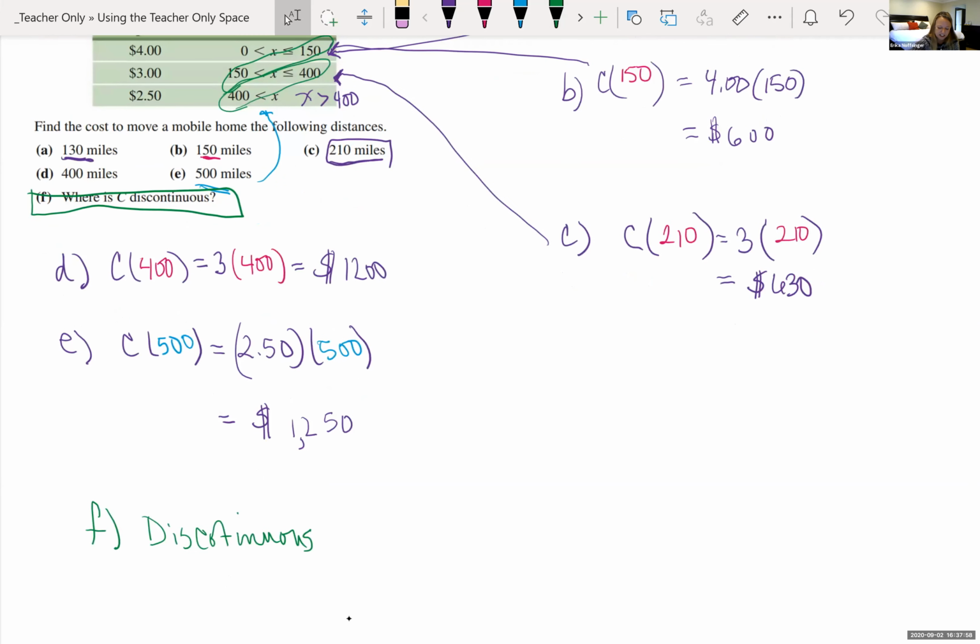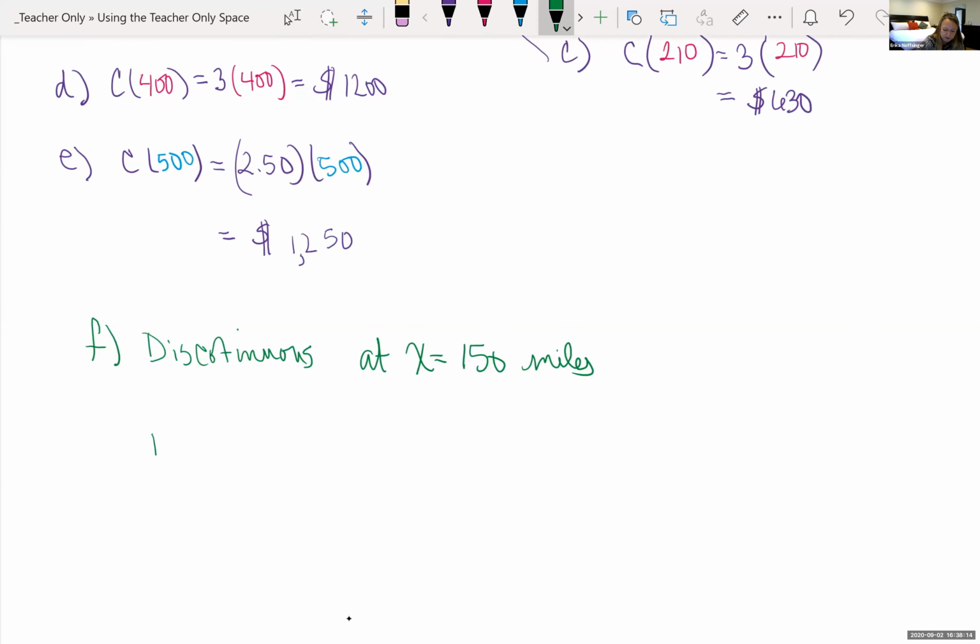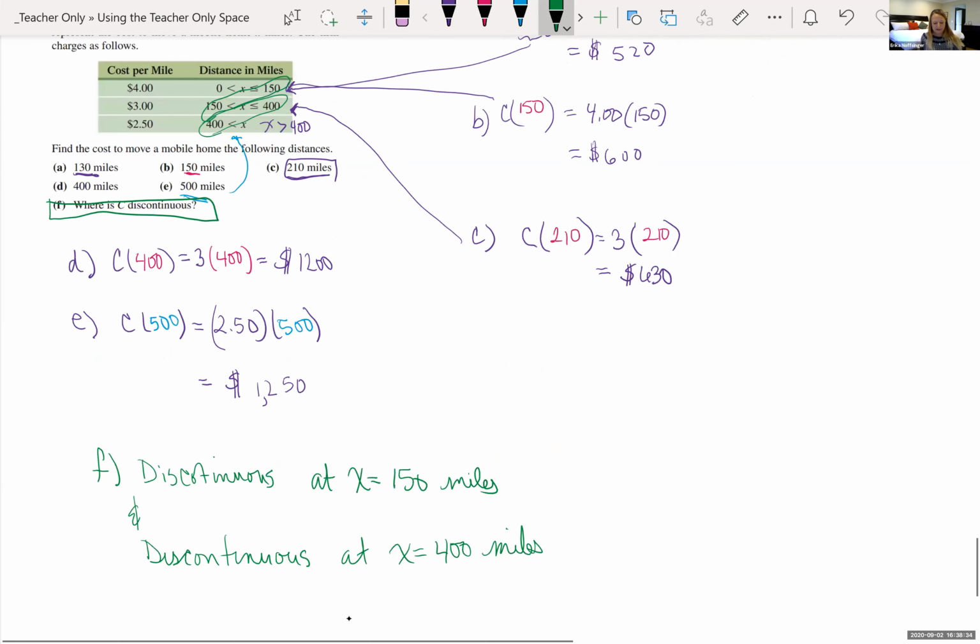So it's going to be discontinuous at x equals 150 miles, and let's prove this, at x equals 400 miles. That's when the cost per mile is changing.